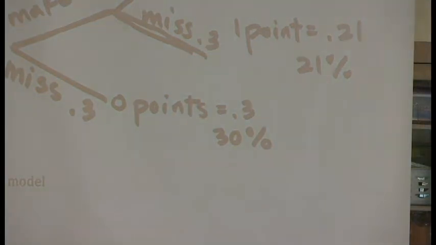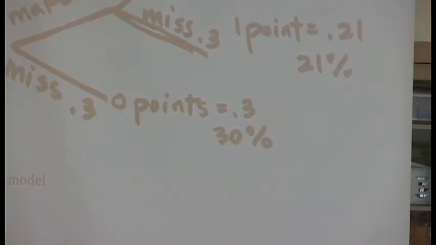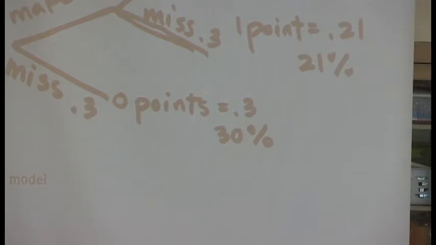Okay? So those of you that said he was going to make both of them, you had the most accurate guess. Those of us that guessed 0 points, which was only me, I think, I was second most accurate. And then the rest of you did not do so well. Guess-wise, right?